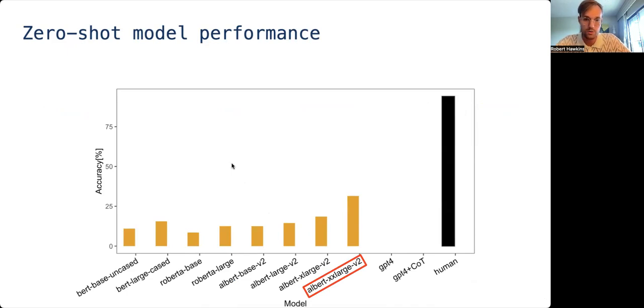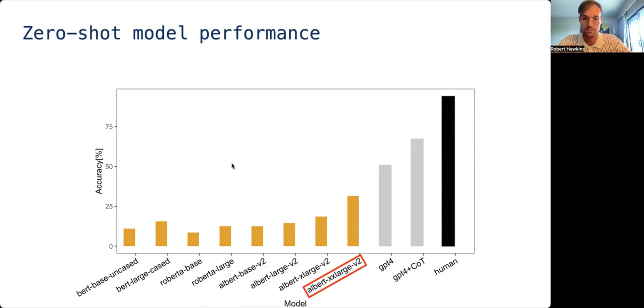So ALBERT getting up to 30% or so certainly is more impressive than a lot of the previous generations of models could do, because the accuracy is essentially 0% for chance, because you have to get both in the right direction. These are all of the open source models we tested.